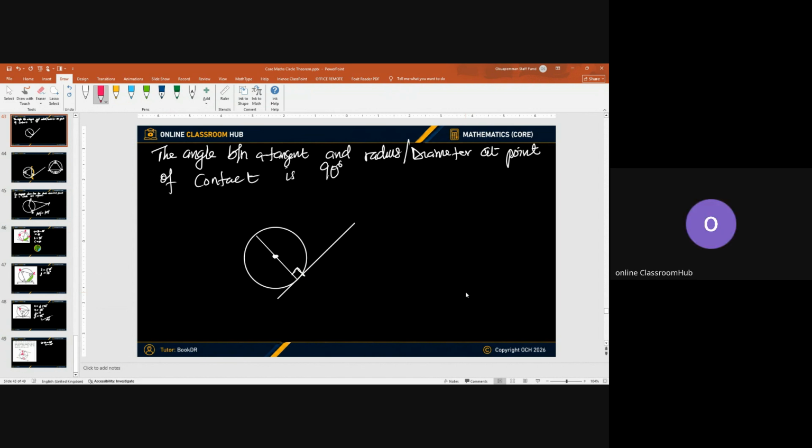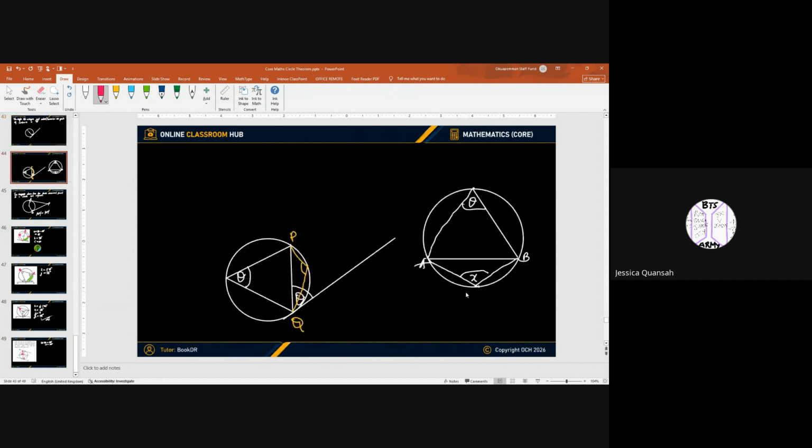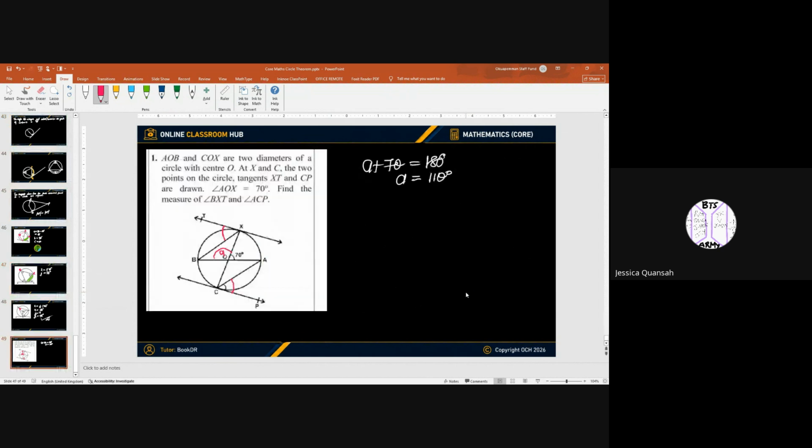So can we go now? Okay, we are there. So with that reason, yes, angle BXT is equal to 90. Where is your diameter or radius? The diameter is COX.